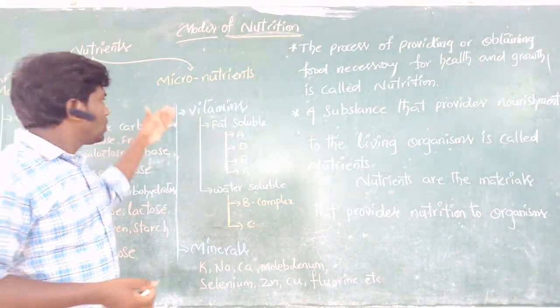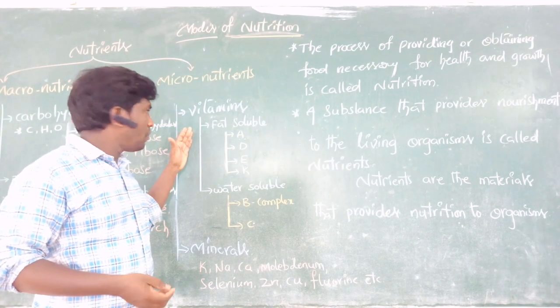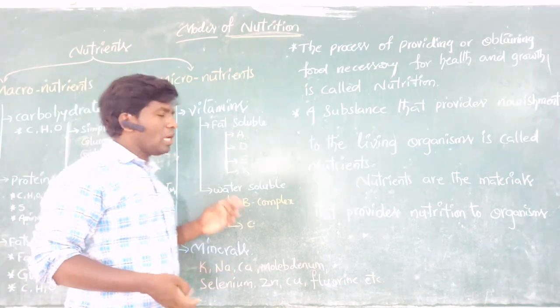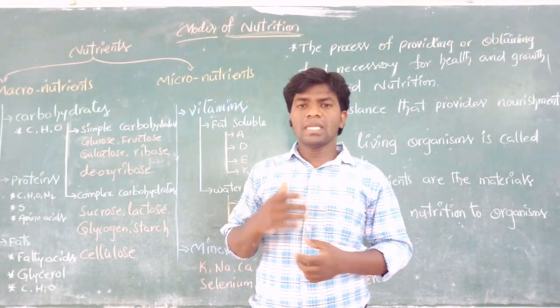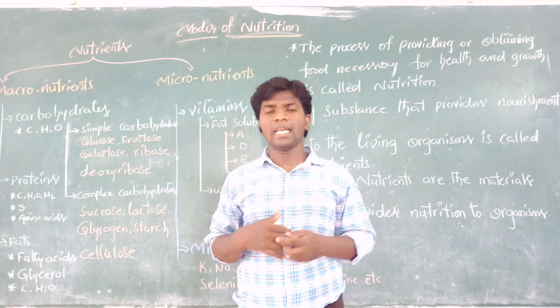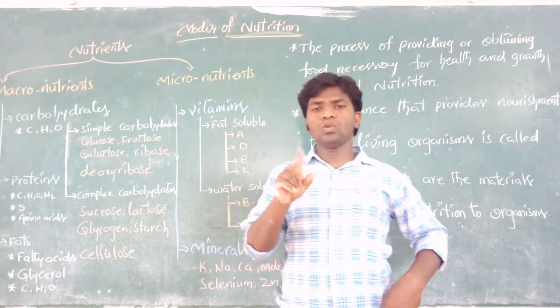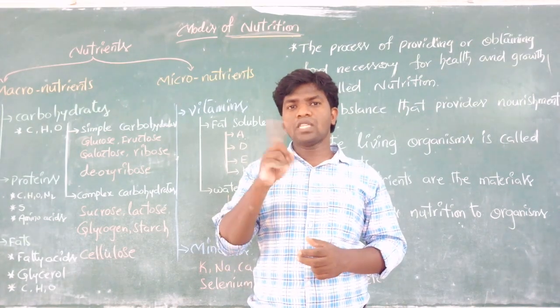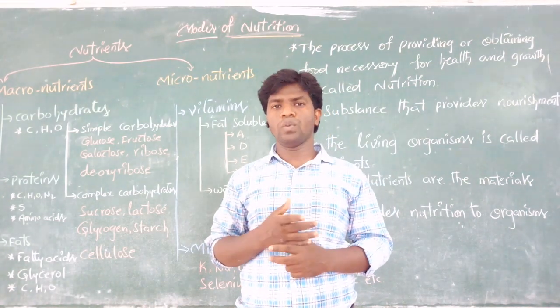And next, coming to micronutrients. The micronutrients are vitamins and minerals. Vitamins and minerals keep our body healthy. There are two types of vitamins: fat soluble vitamins and water soluble vitamins.